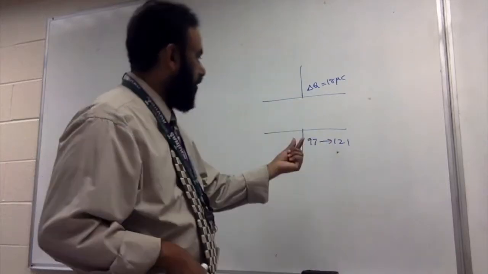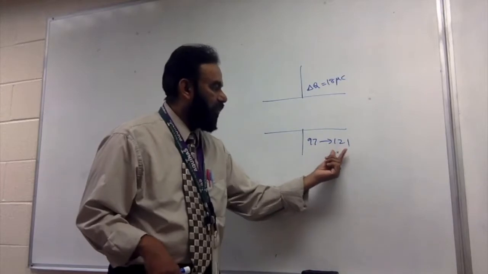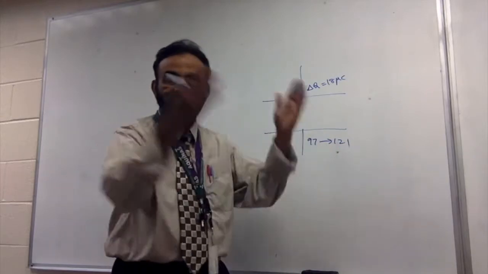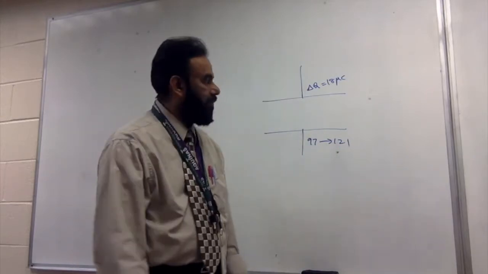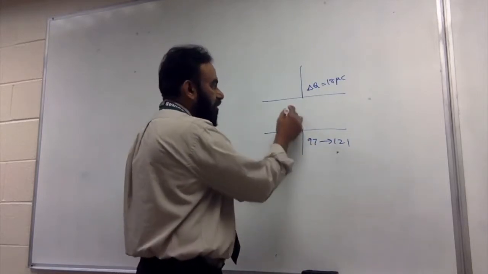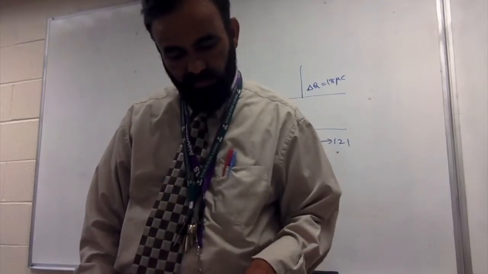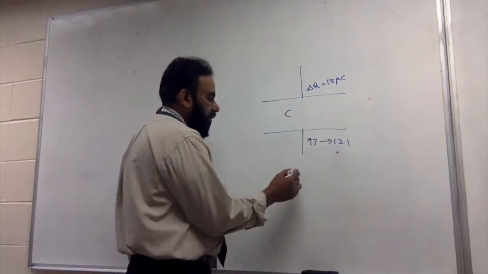Right? Initially only 97 volts were applied, so it had some charge. But when 121 was applied, more charges flowed into it. The question is asking what is the capacitance? It's the same thing.